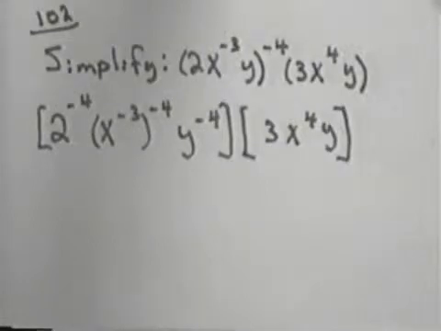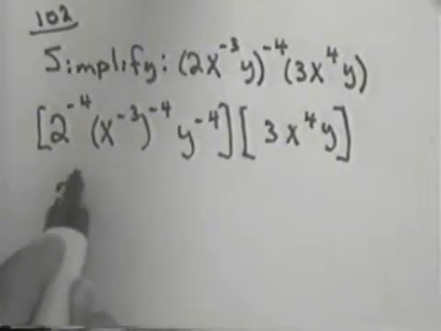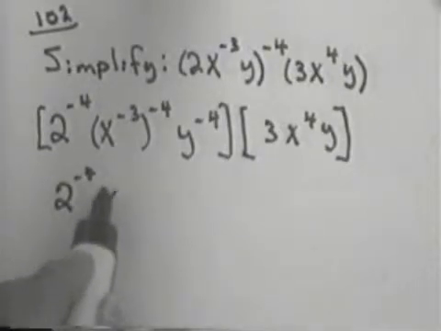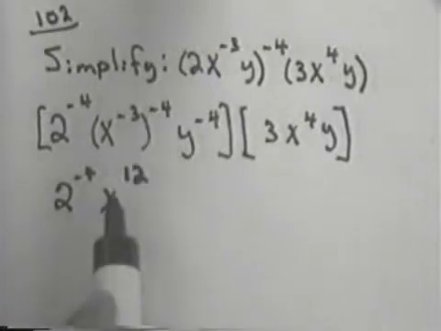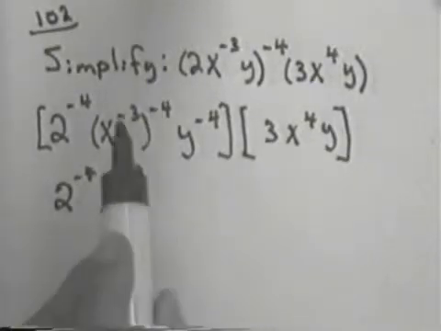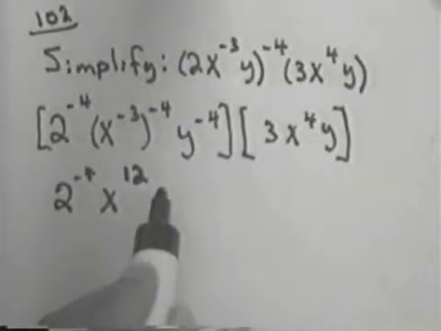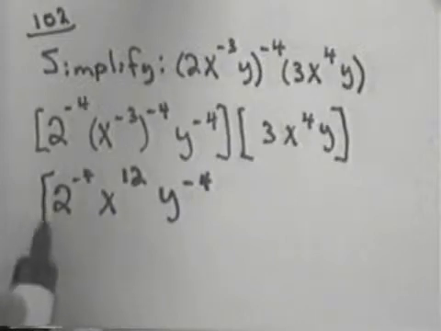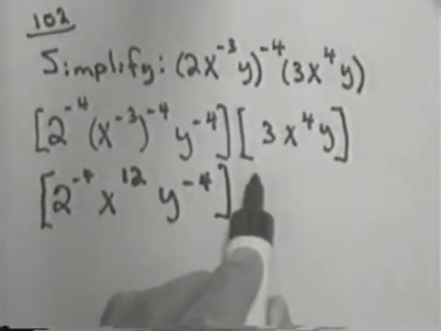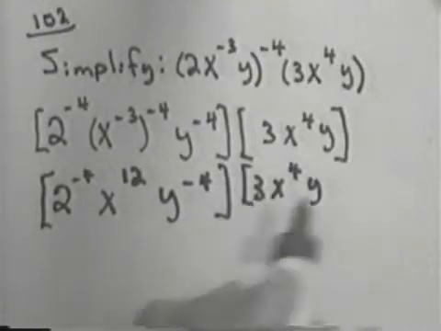Step 3 says raise powers to powers. So I'd have 2 to the negative 4, x to the 12th, because to raise powers to powers, you keep the base and multiply the exponents. A negative 3 times the negative 4 is positive 12, times y to the negative 4, times 3, x to the fourth, y.